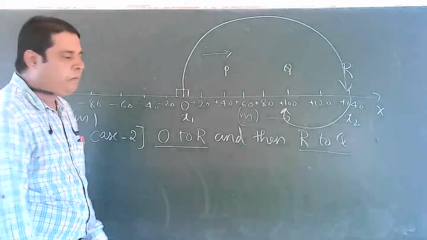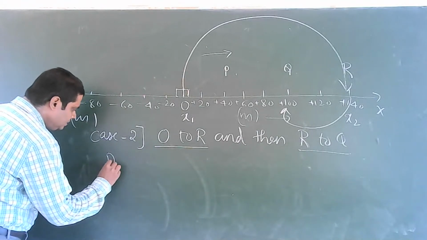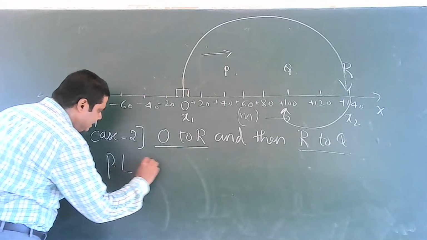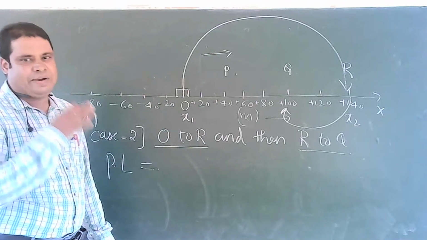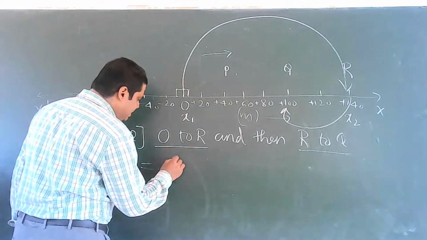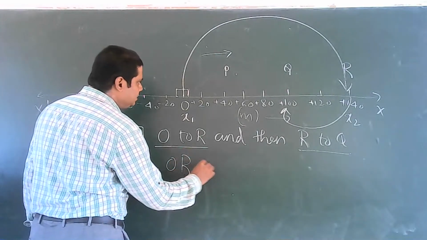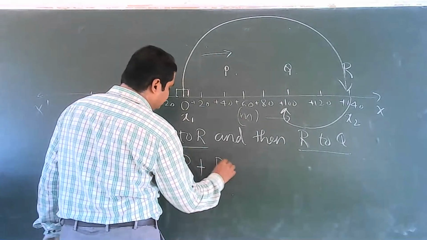Now observe it. What is path length? Path length is the total distance traveled by the object. Total distance traveled means OR plus RQ.